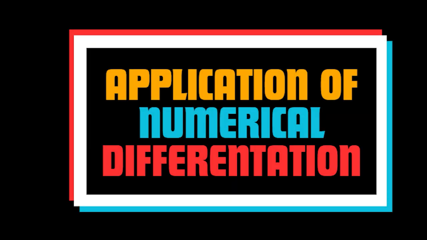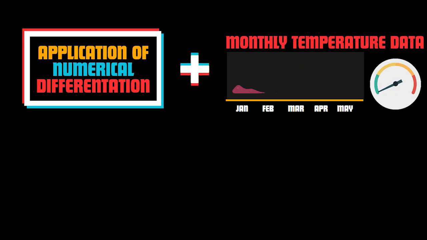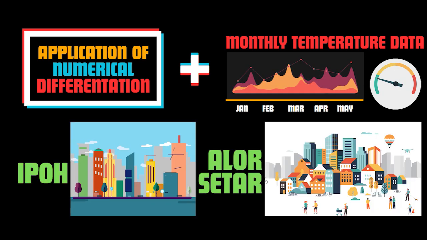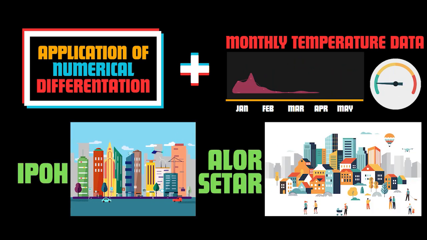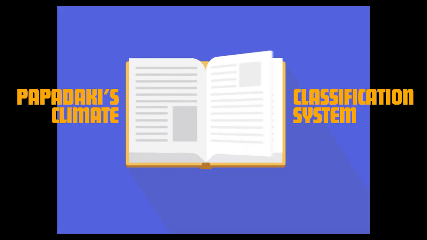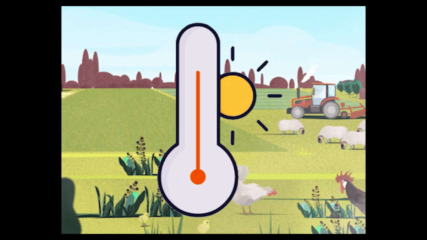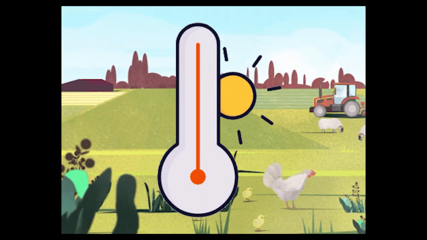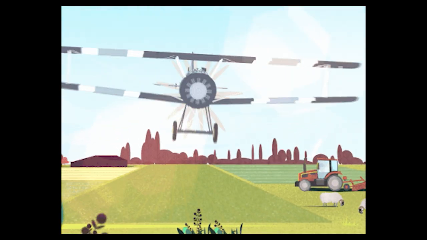Good afternoon. Today I will be presenting our group's project on the application of numerical differentiation to analyze monthly temperature data from two cities, which are Ipoh and Alor Setar. We used the Papadakis climate classification system as a basis, which focuses on temperature and other climate variables for agricultural potential.